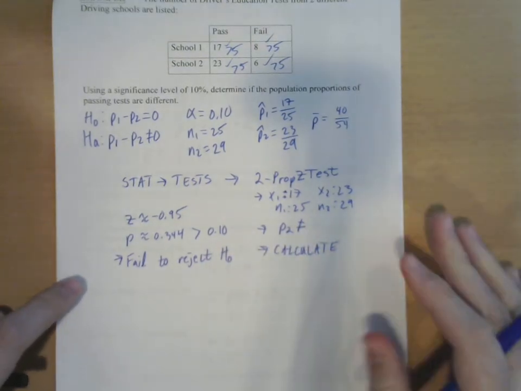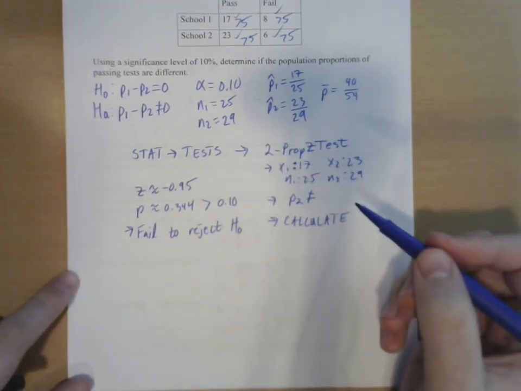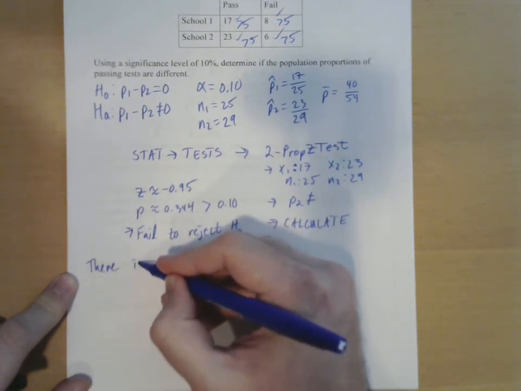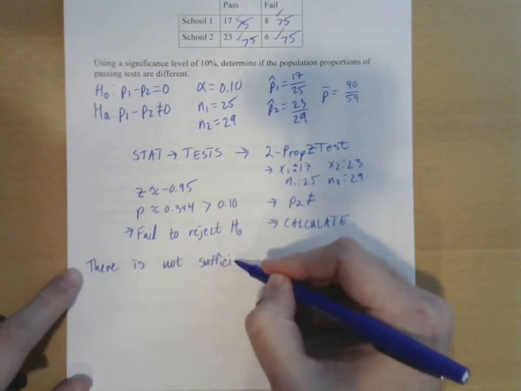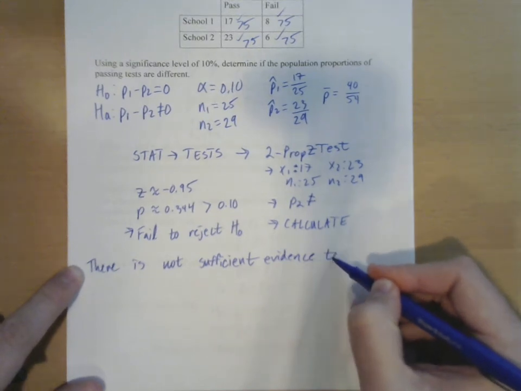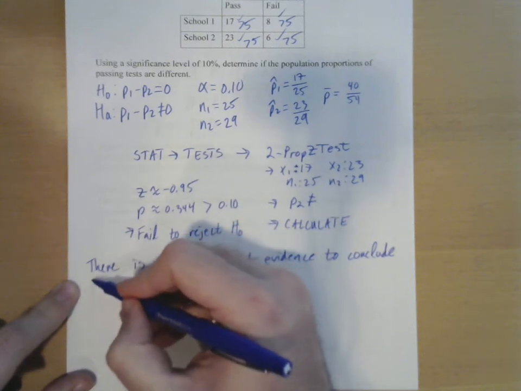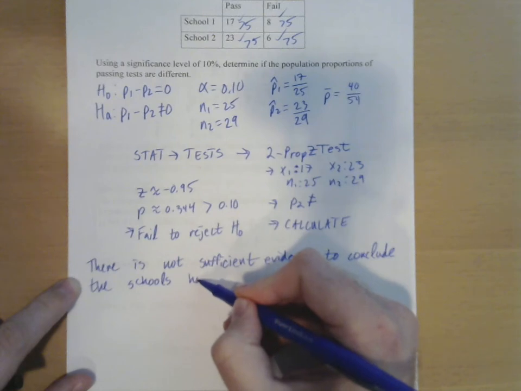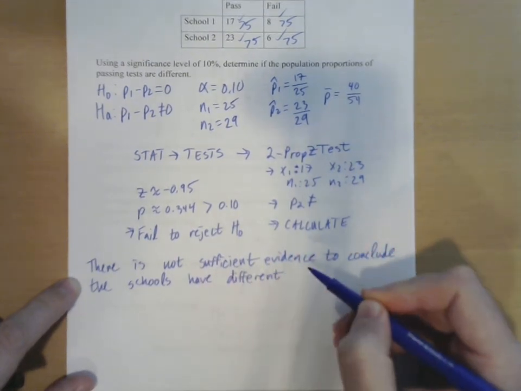Because we are in the body of the distribution, we're in that center. And so this means for this particular scenario that there is not sufficient evidence to conclude these schools have different passing rates.